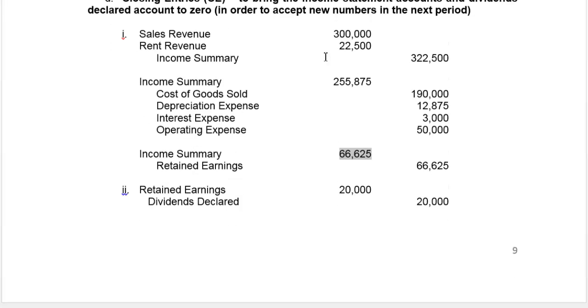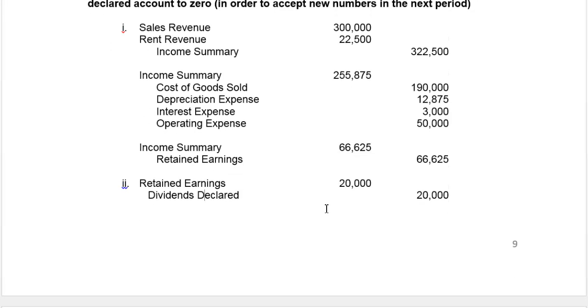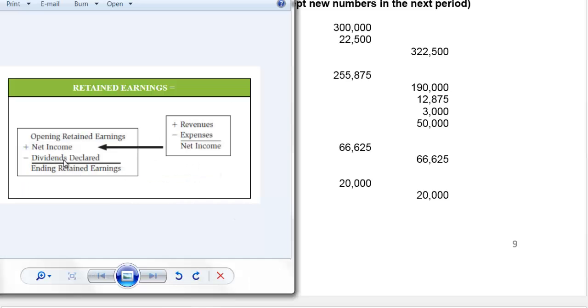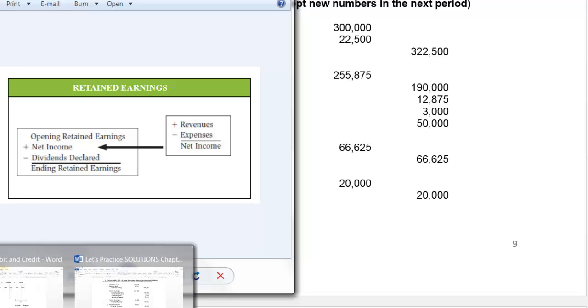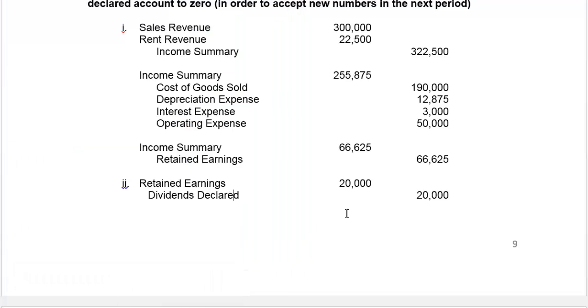Then, don't forget, dividends declared were not part of expenses, so we close them out separately. Any dividends that we declare affect your retained earnings. They reduce retained earnings, so our retained earnings at the end is reduced because we've declared dividends. Therefore, we're going to close out our dividends declared.